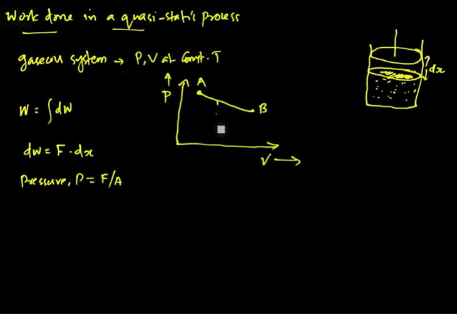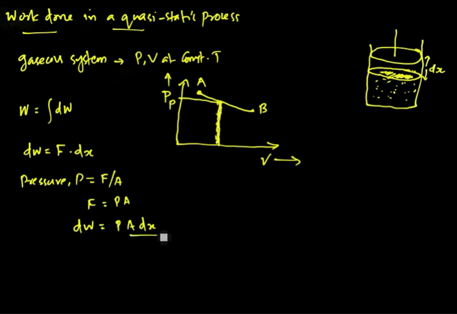Suppose we are considering this at a particular pressure P, then by applying a force P into A at pressure P, this piston is moved through an infinitesimal distance dx, then we can write dW as P into A into dx.